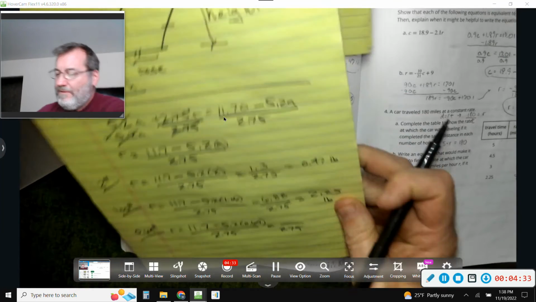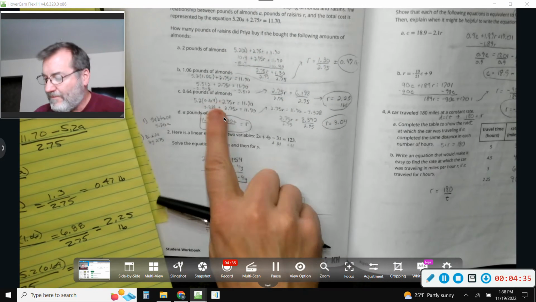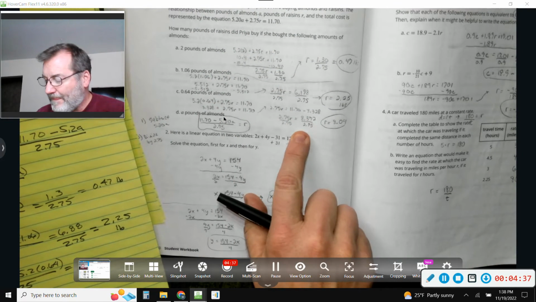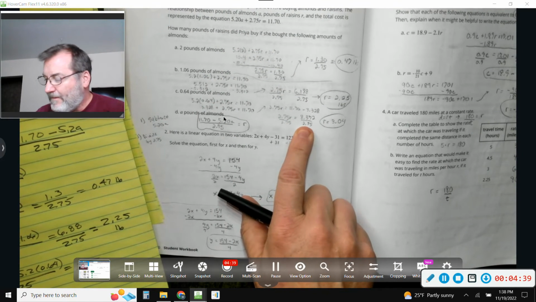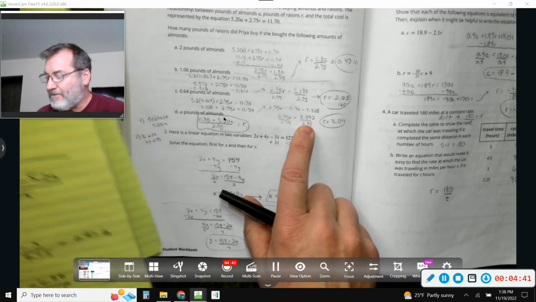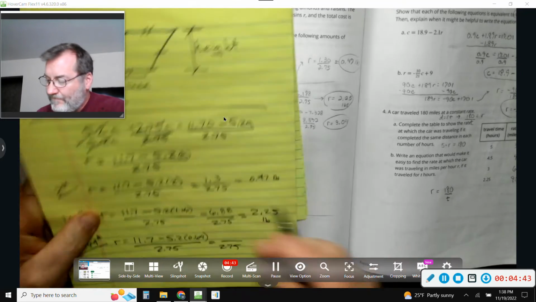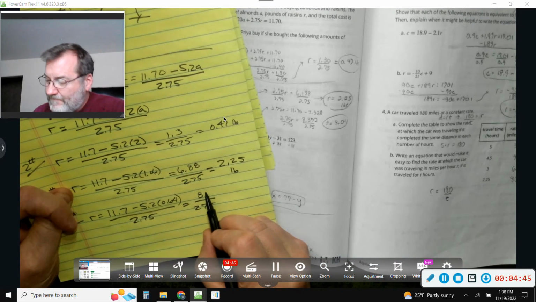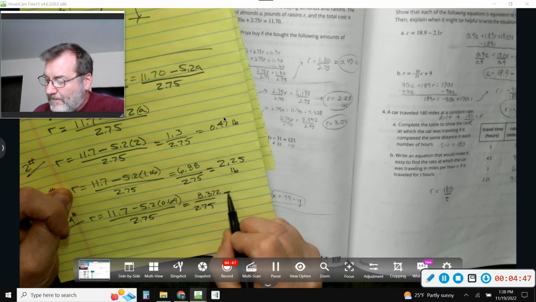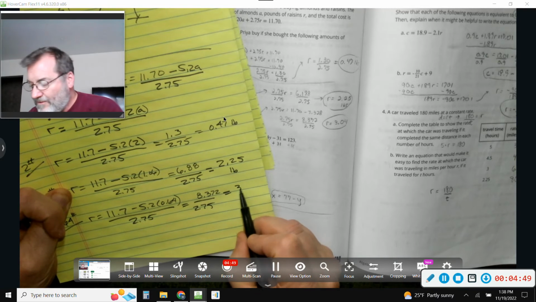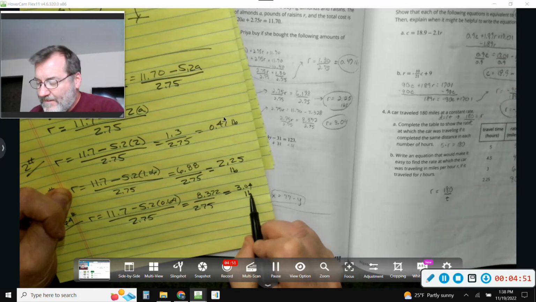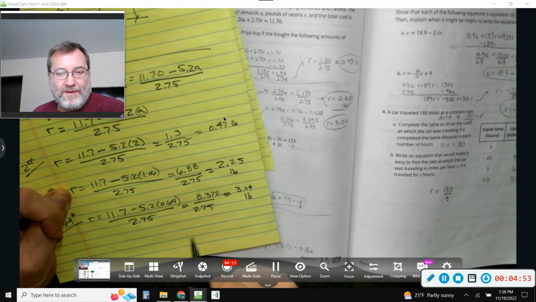On that one, you end up with a total of 8.372, which equals just over 3 pounds of raisins, 3.04 pounds.